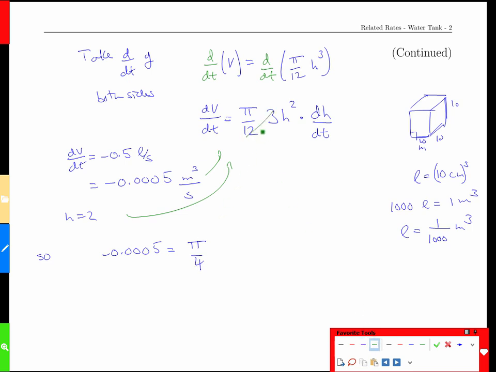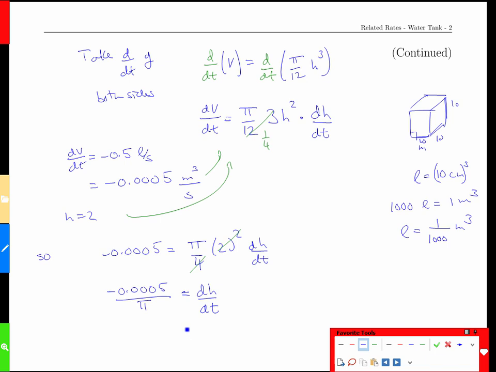Let's simplify that there, 1/4. And even better, if h is 2, we're going to have a 2 squared dh/dt. And when we calculate that out, actually the 2 squared cancels with the 4 perfectly. So, hey, in fact, we just get negative 0.0005 all over pi is our dh/dt.